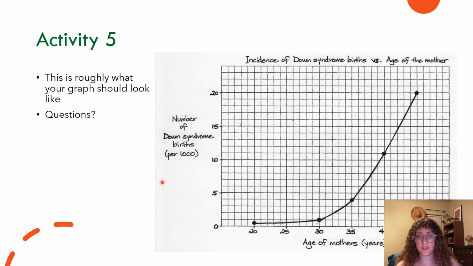So this is actually a graph of, in the lab manual, there's a sample table. So you can go to the lab manual, use that sample table, try to turn that table into a line graph, then check yourself with this one. And this is roughly what your line graph should look like based on the table that's in the lab manual, if you don't want to use the table in our Excel sheet data. Make sure you come to me if you have any questions with this.